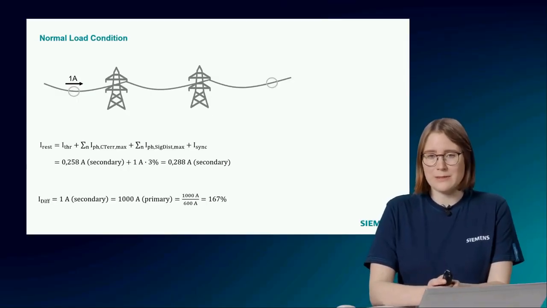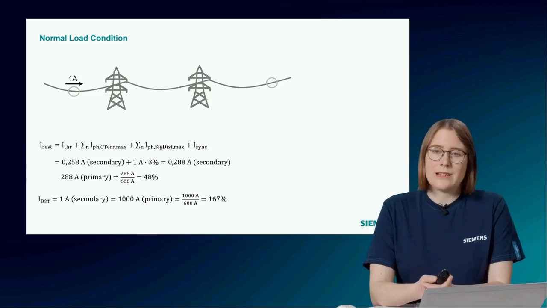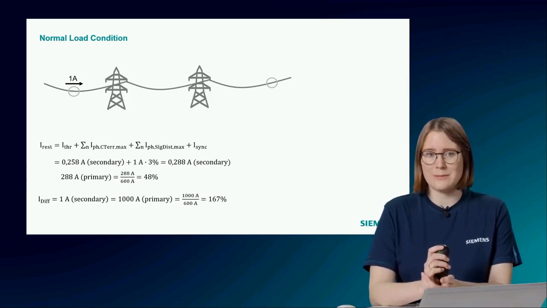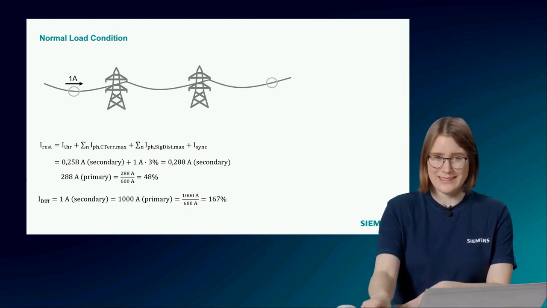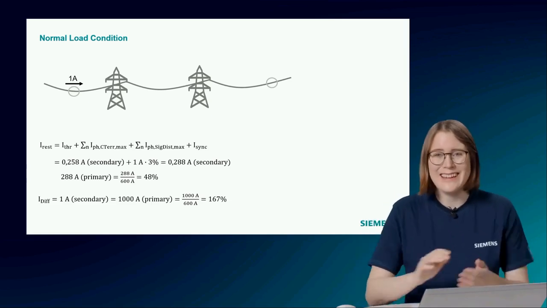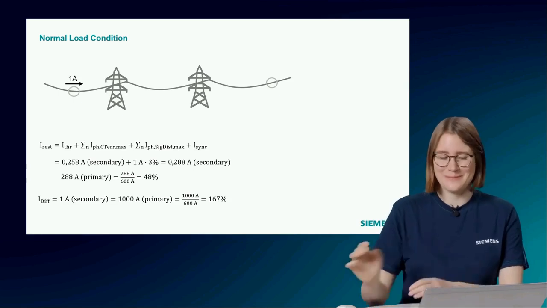And the result of the equation would be 0.288 amps secondary. Set this in relation to the nominal current, and the result is 48%. So we expect a restraint current of 48% and a differential current of 167%. Okay, then I will show you this in the digital twin.